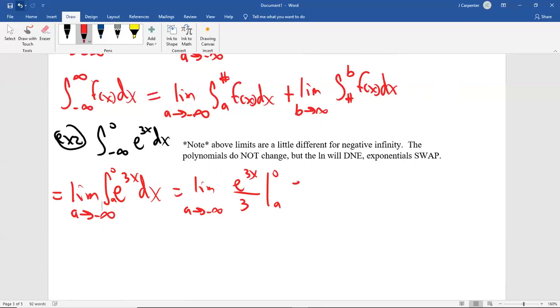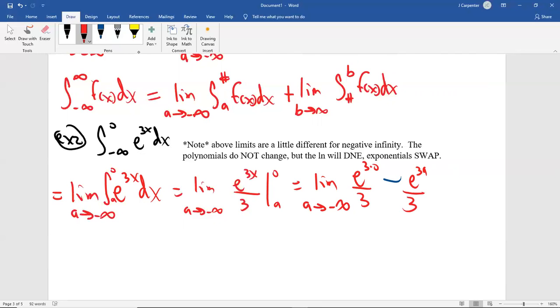Okay, so we're going to plug in the 0. Leave the limit. Limit as a goes to negative infinity, e to the 3 times 0. Then we're subtracting off the lower limit. And now this will be e to the 3a. And then both of these are also divided by the 3. Don't forget that. I thought about writing it all over just one single 3, but I changed my mind.